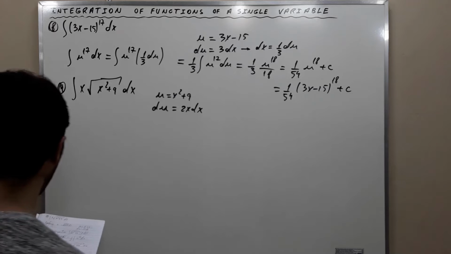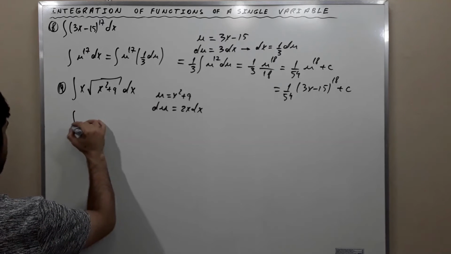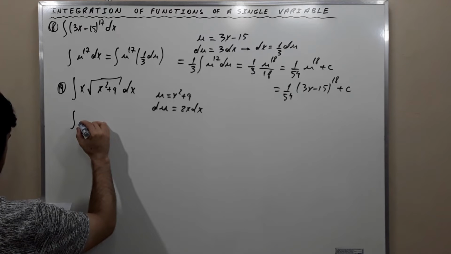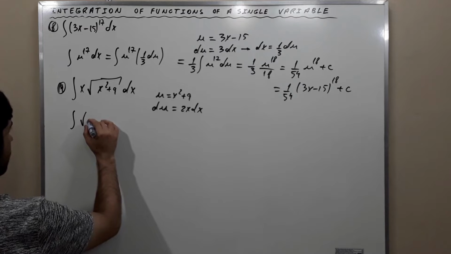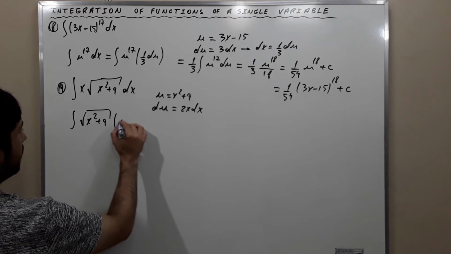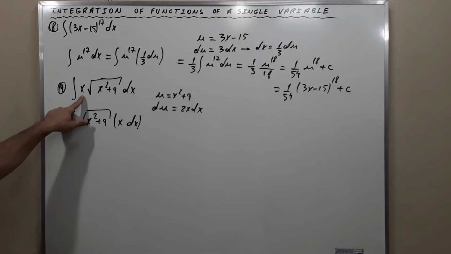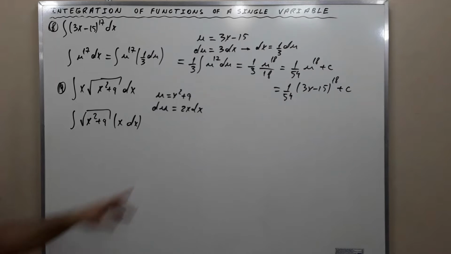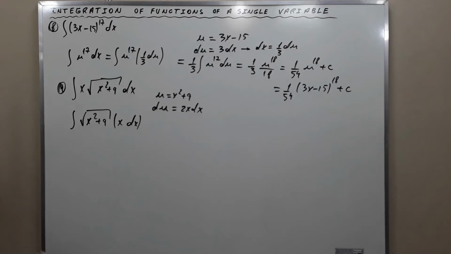Alright, then with this perspective here, we do that. It is going to be the integral of the square root of x squared plus 9 times x dx. Okay? I'm going to bundle this x with this dx here, but I need to make the 2 appear.